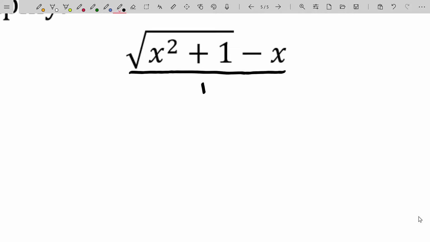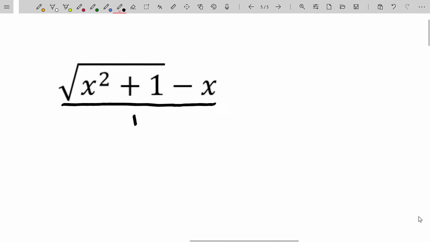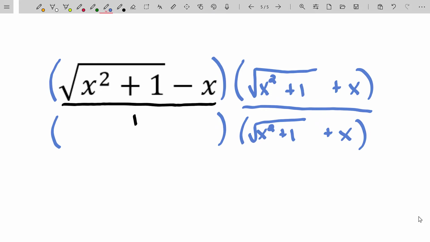And so you could actually rationalize that numerator by multiplying both numerator and denominator of this fraction by the conjugate of the numerator. Now remember what I said in the last example, you really only distribute out the conjugate pieces. The non-conjugate pieces you generally do not bother distributing through. But in this case, it's just 1 times that stuff. So you don't really need to write 1 in front of that parenthesis if you don't want to.